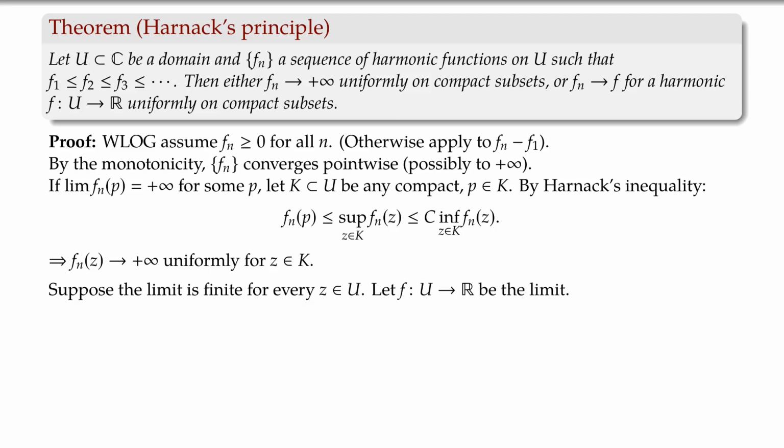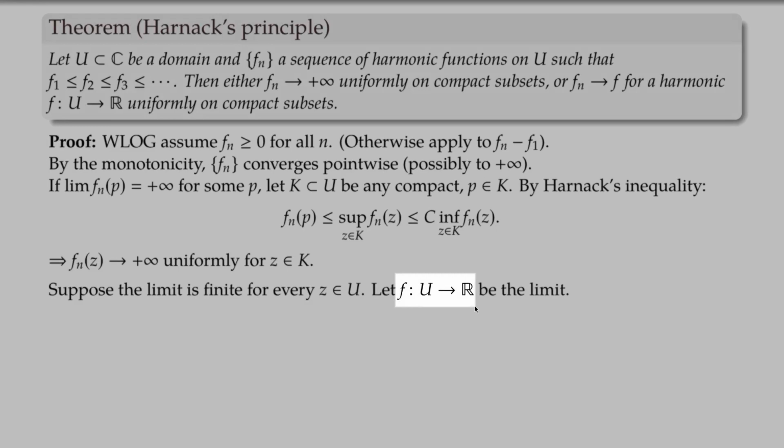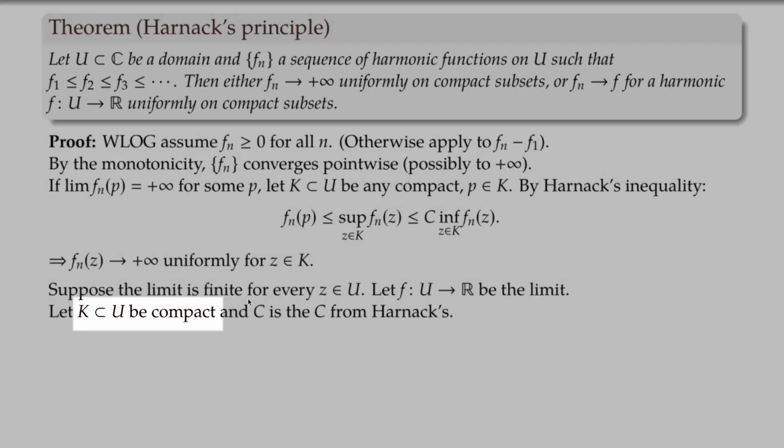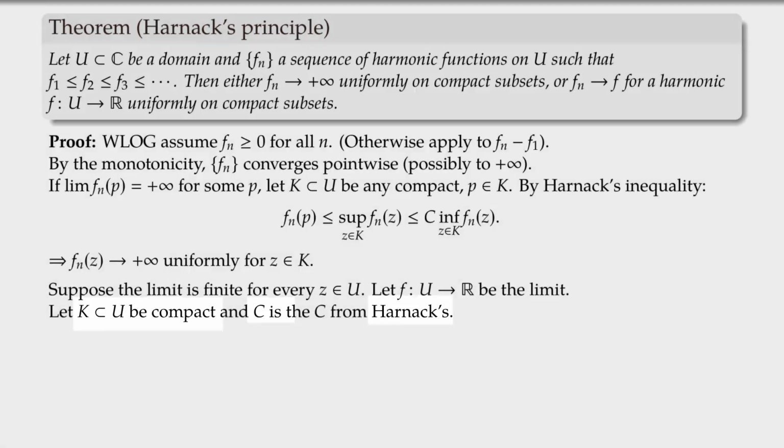So let's define a function, little f, a real valued function on R, to be the limit, and let K be compact, and C is the C from Harnack's inequality for this compact, any compact.